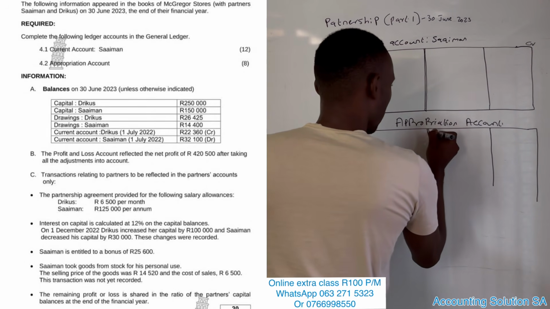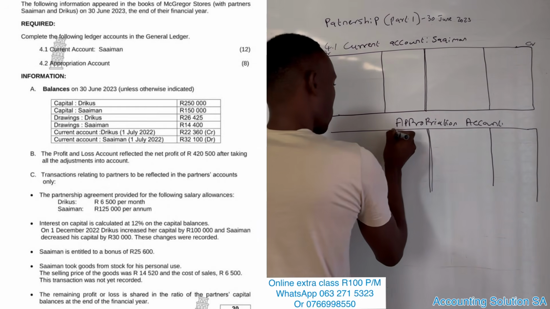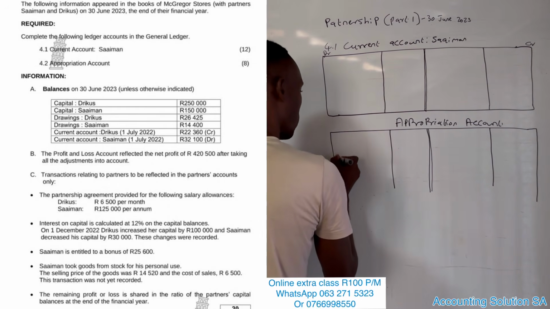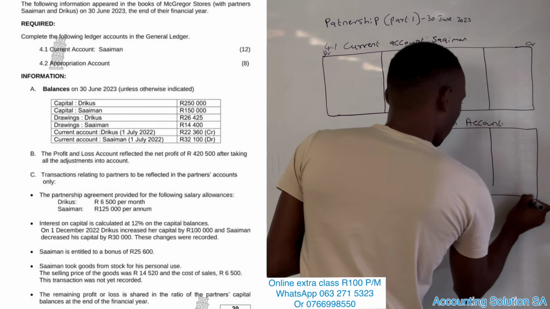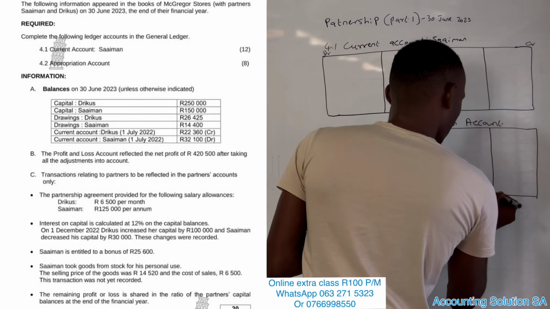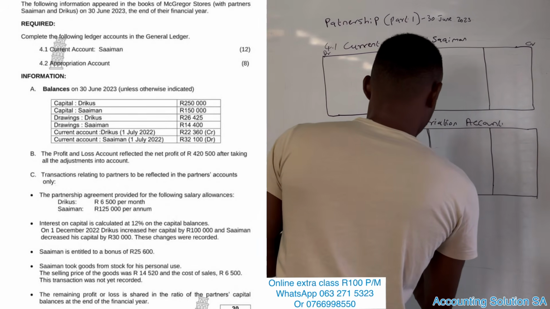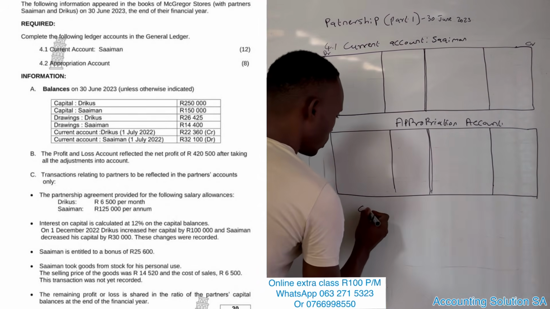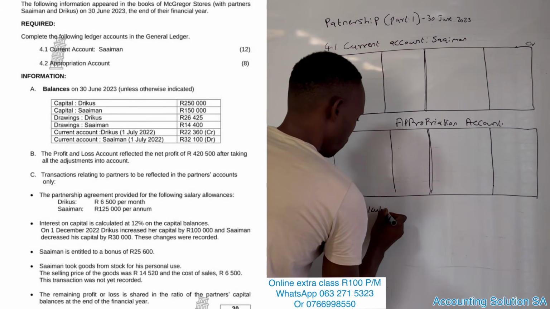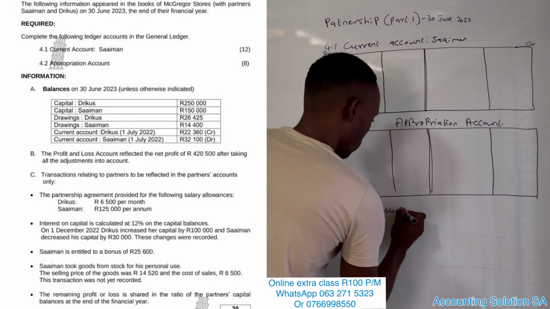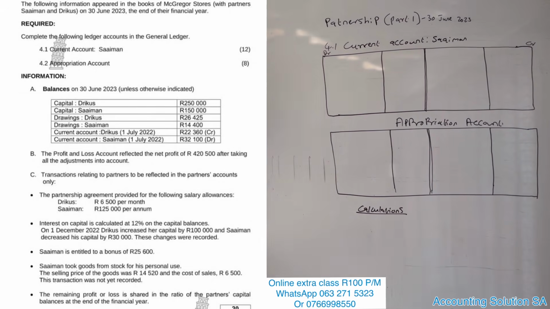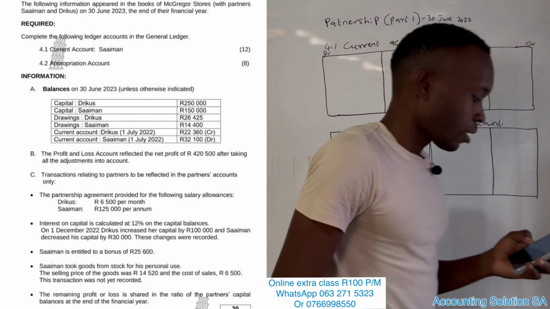Okay, it's going to look like this. Then after that I think this space we can use for calculations. Okay, let me check on my screen if this space is enough. Yes, it's enough. Okay, so let's start.